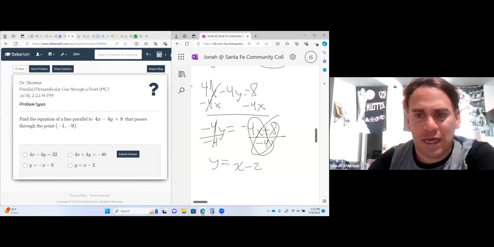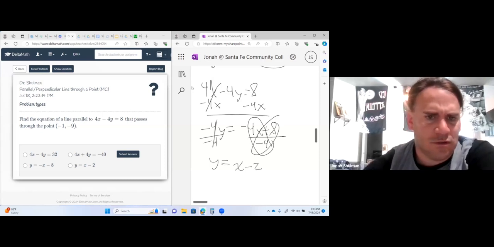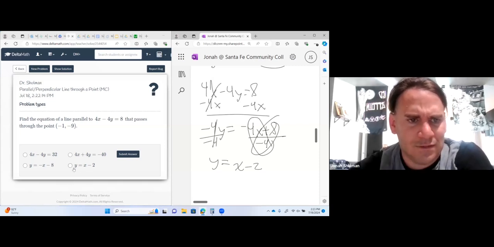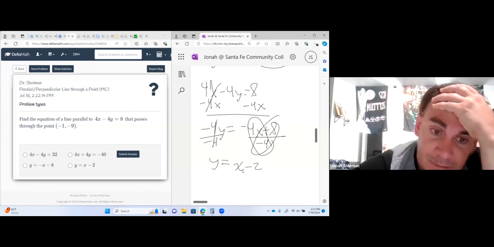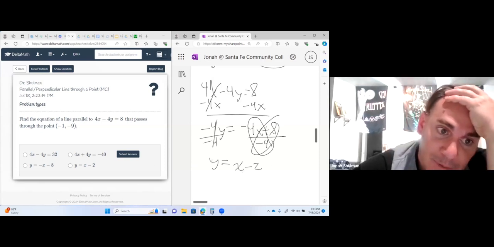All right, so we have ours, right? So it's just a plain one, right? But we have to see if it goes through this point, -1, -9. So we know that the slope has to be a positive x, but it can't be -2.